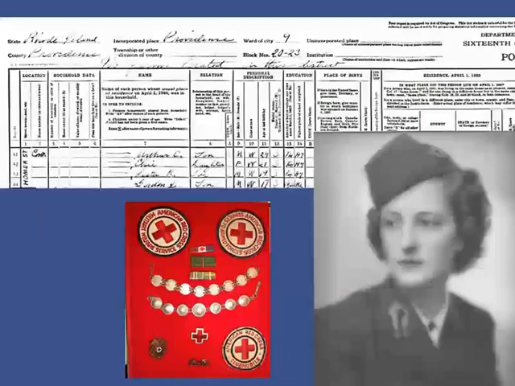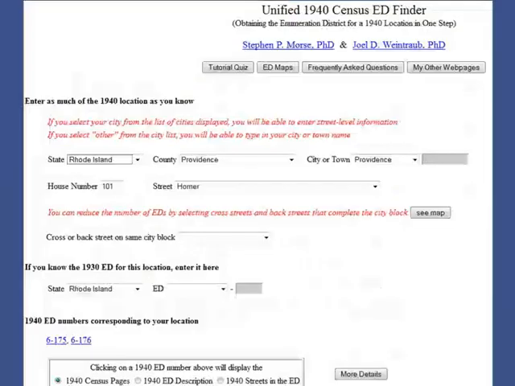All right. So tell me a little bit more about what I should have done on the Unified 1940 Census Finder site. Steve and Joel, tell me what you went through to develop this. Can you hear me okay? Yes. Okay, the way you should have done it, you started out correctly with Rhode Island.